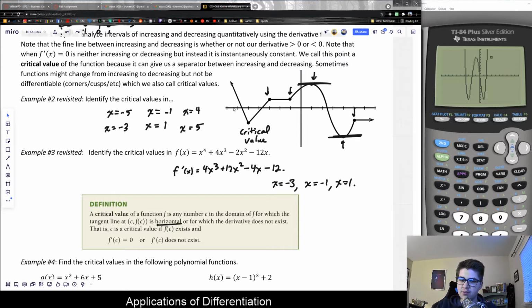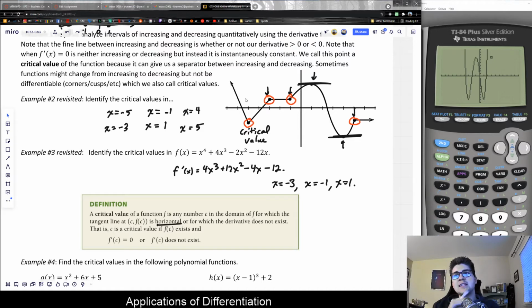On these sorts of points, we can't actually figure out the slope, because there is no such thing as a slope at a point when it changes instantaneously from one part to another. So I'll go ahead and circle those in red, but we'd say that the function is not differentiable at these points, or the derivative does not exist at any of those 4 points. But those would all indicate critical values as well.